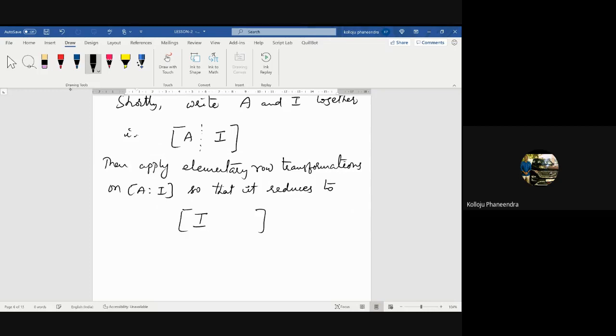Convert matrix A to I. Obviously, this I reduces to A inverse.